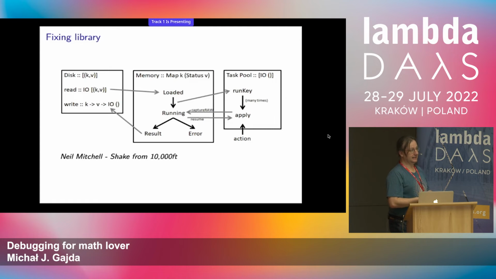Then you look at the same pairs, keys, and the status of the job in memory. Then you have this small state machine: loaded job, running job, results, or error. You can test that it always transitions between these states, right? And you have a task pool.